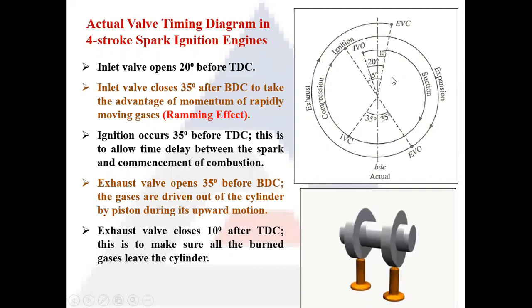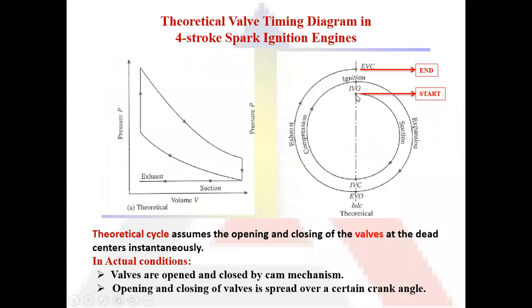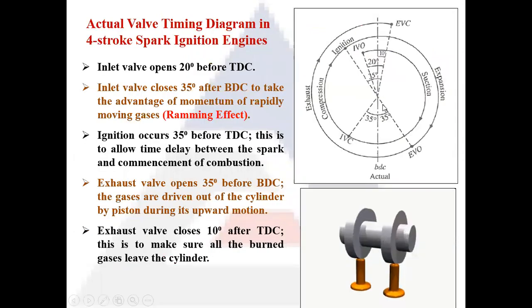So this means in your ideal cycle, the suction stroke was for 180 degrees of motion of the crankshaft, but in actual it is 180 plus 20 is 200, 200 plus 35 is 235.